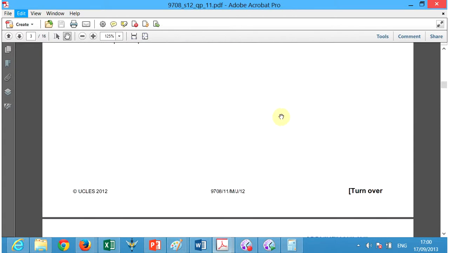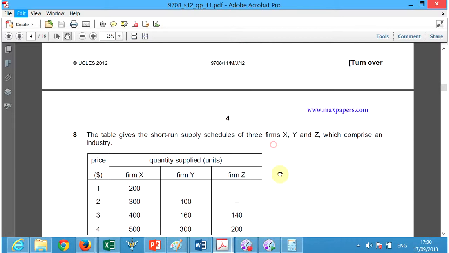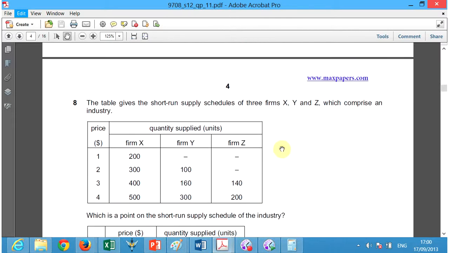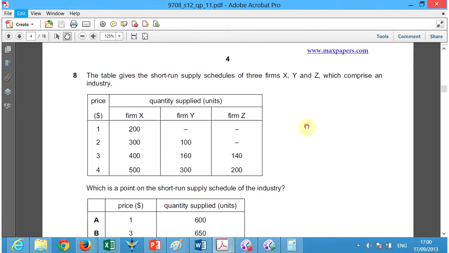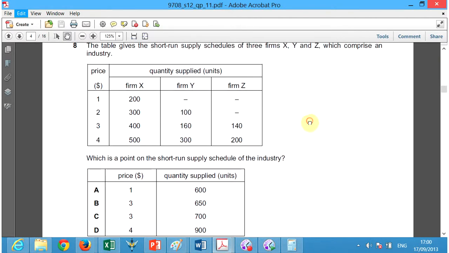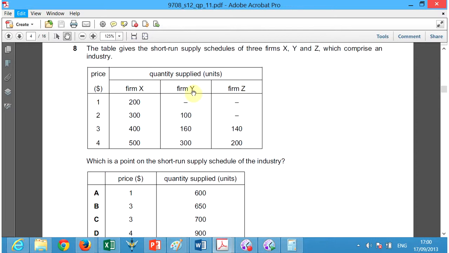Moving on. Number 8. The table gives the short-run supply schedule of three firms, X, Y, and Z, which comprise an industry. So the quantity supplied is here for firm X, firm Y, firm Z, and these are the price levels. If I sum horizontally, I can know the supply for this industry.